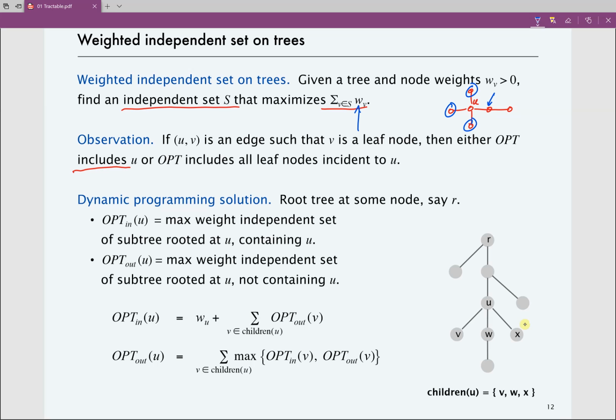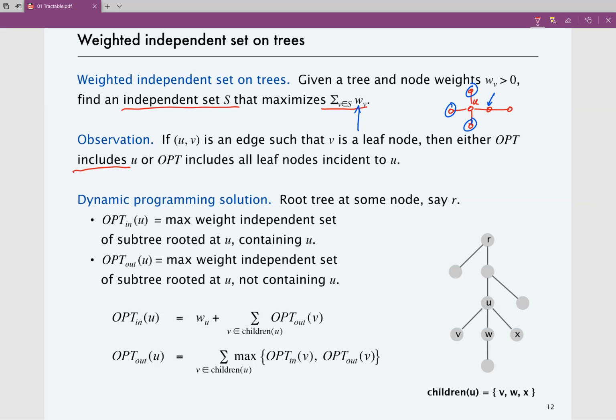And by including these, we don't prevent the inclusion of anybody else, because we've already decided not to include U, and these leaves are only adjacent to U. So by including them, we don't prevent anything other than U from being included. Therefore we should include all of these leaf nodes. That is the reason this observation is true.